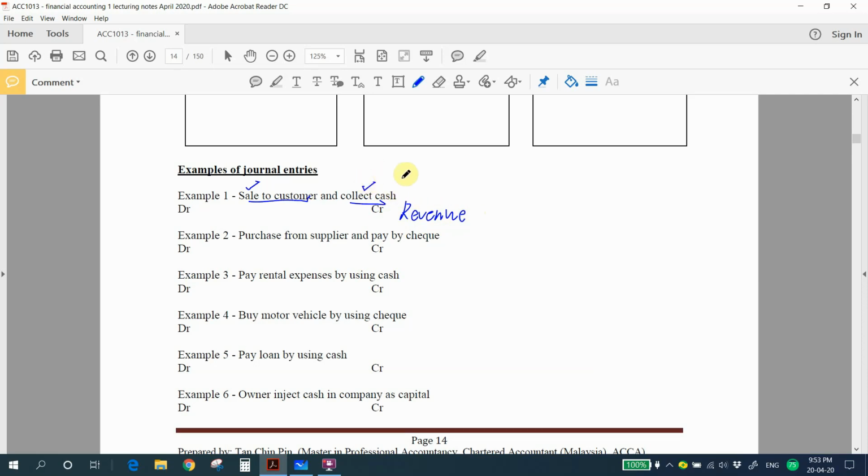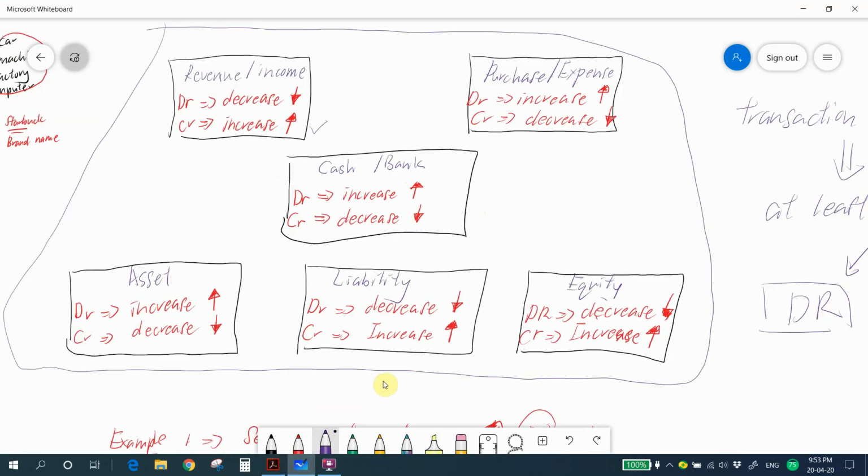Next, collect cash. Tell me, by collecting the cash from your customer, will your total cash increase or decrease? I think the answer is this one, right? Increase. Your cash balances will become higher after you collect the money from your customer. So we know this entry will result in an increase in your cash and bank balances, so we should debit the cash and bank account.